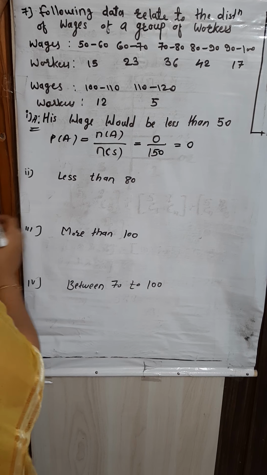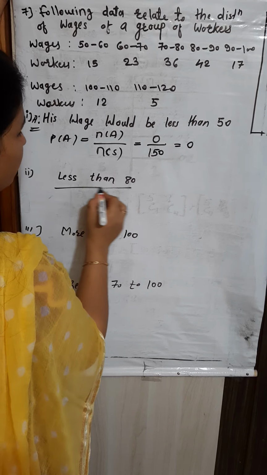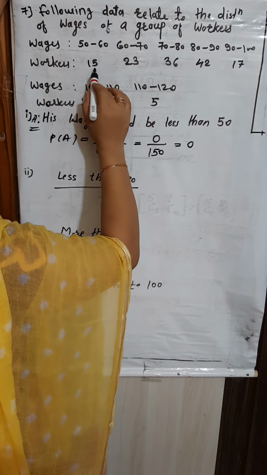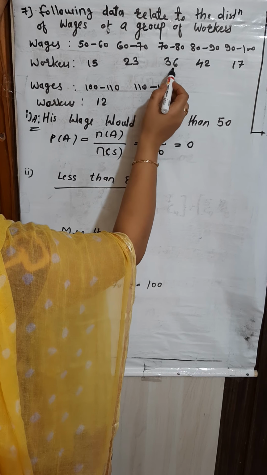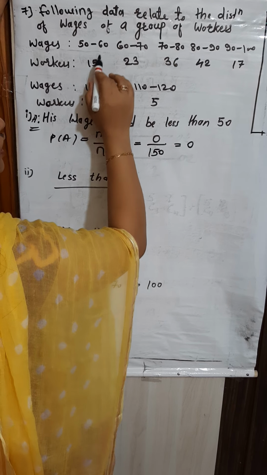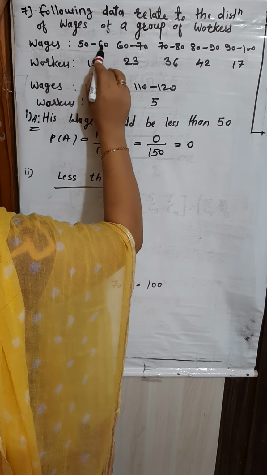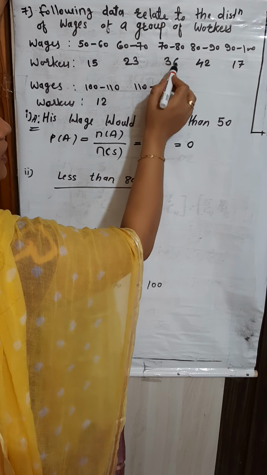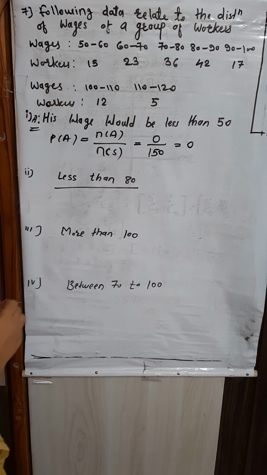Next we need to find the probability of a worker whose salary is less than 80. Now, less than 80, so 15 plus 23 plus 36. See, those having salary 50 to 60 are 15, 60 to 70 are 23, and 70 to 80 are 36. So we should take this sum.